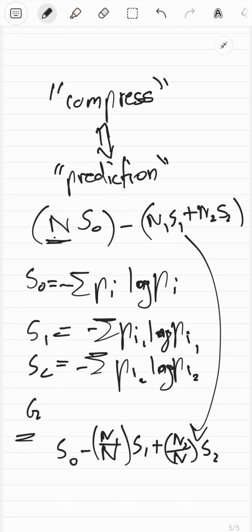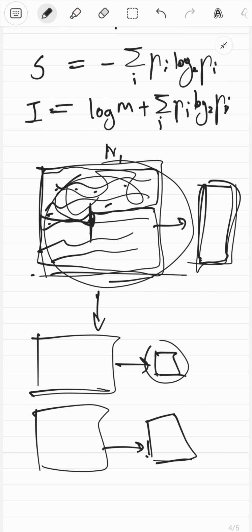So this is the information gain upon splitting at a particular point, and this is very much analogous to something we do in decision trees.